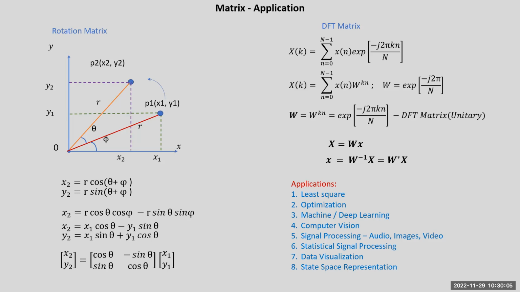Then there are data visualization and state space representation. State space representation is used in the design of the Kalman filter, where the complete system is represented in the form of a matrix, and the Kalman filter is used in tracking systems, and can be used for object tracking in most artificial intelligence systems.